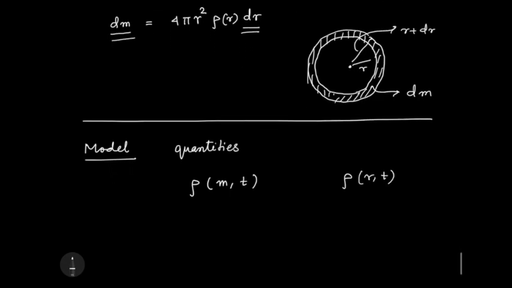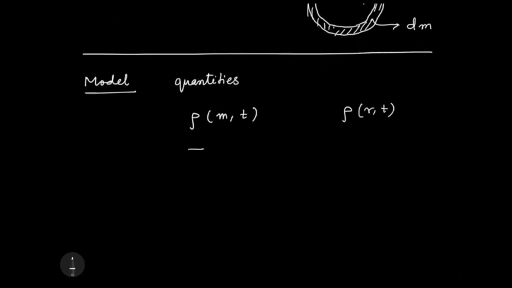As we said, we can go from radius to mass using this expression. The other is the temperature. And as we said, if we know the density and temperature, then we can know the pressure. So I don't need to write an expression for the pressure separately. It's already there once we know the density and temperature.